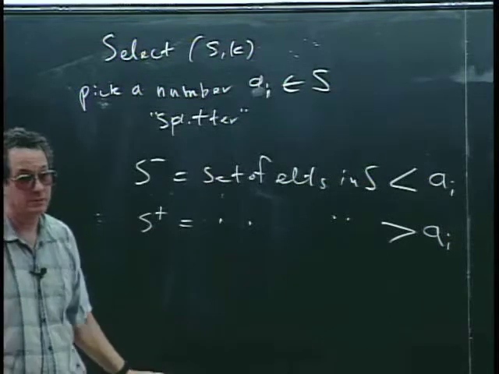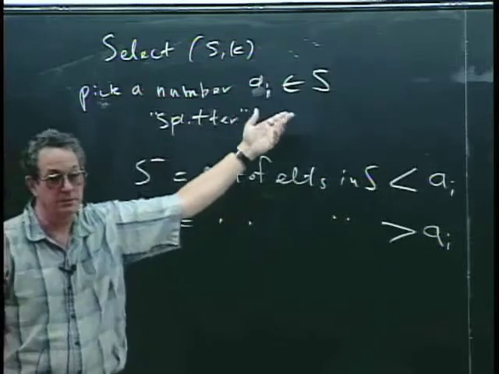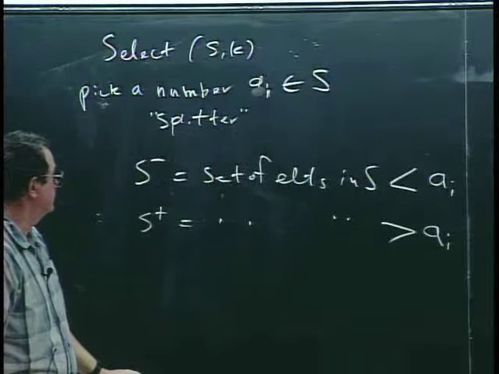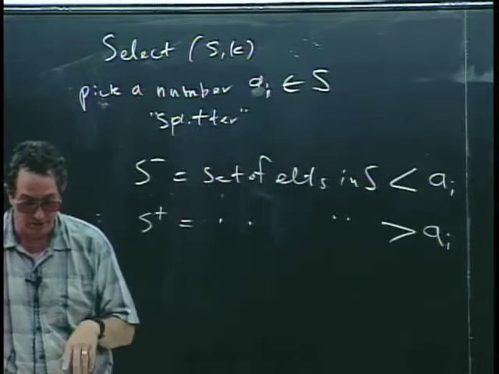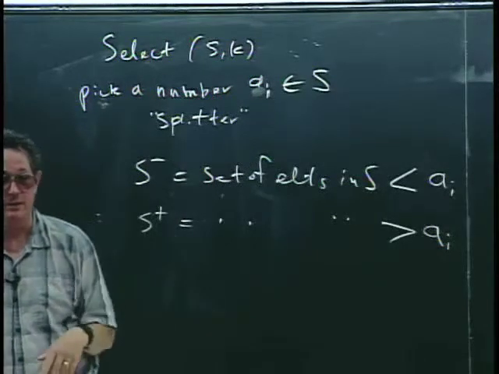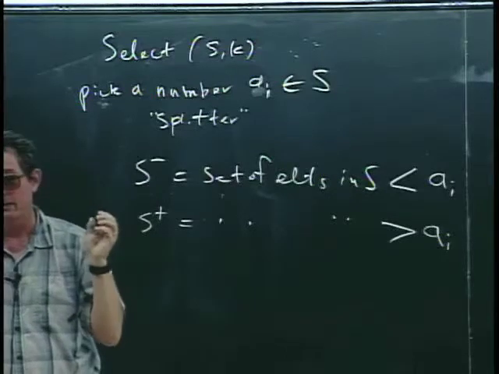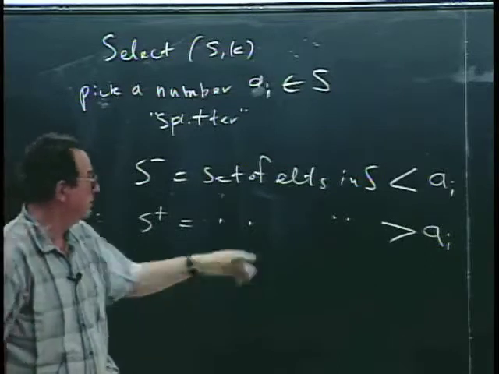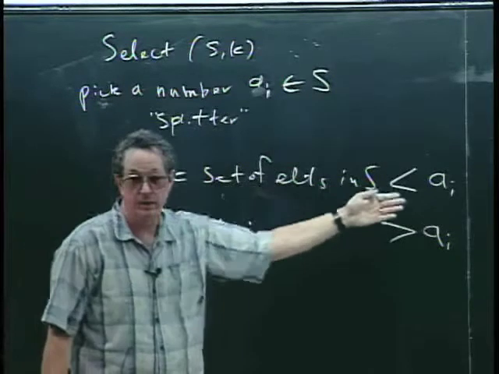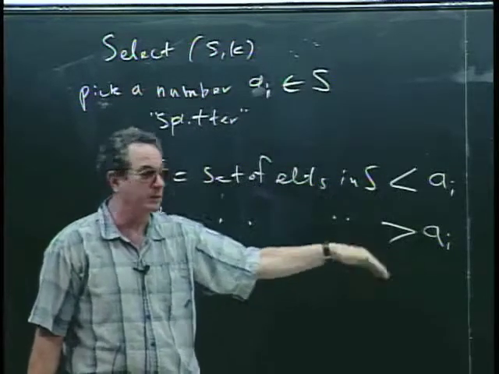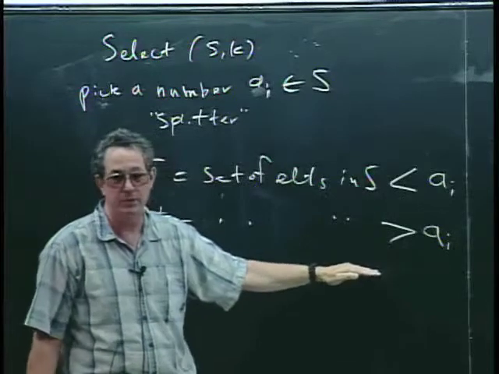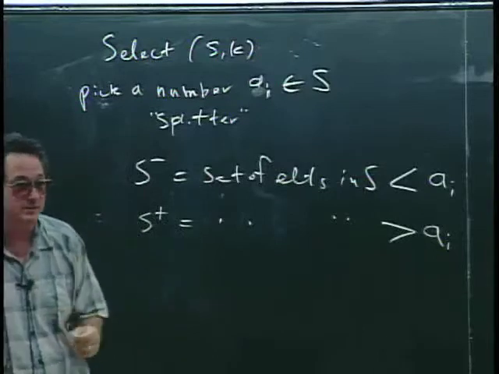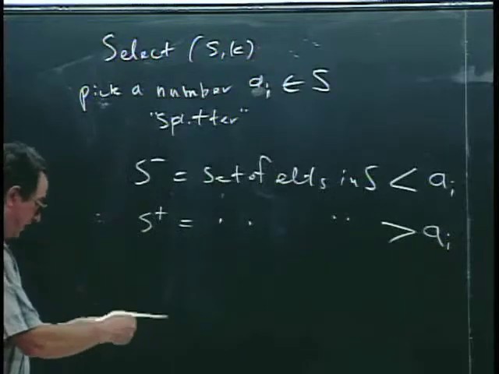Actually, it could be, because I didn't say you removed a_i from S. Yeah, I confused myself. It's just that we don't care. We've got a_i in our hands, and all the numbers are distinct, so all that remains of interest are the ones that are less than a_i and the ones that are larger. Logically, a_i is the only one that's equal to a_i.